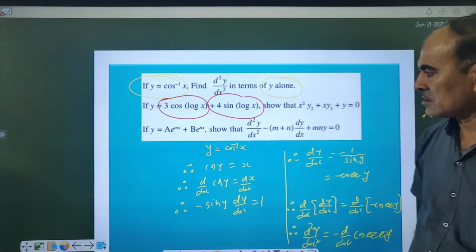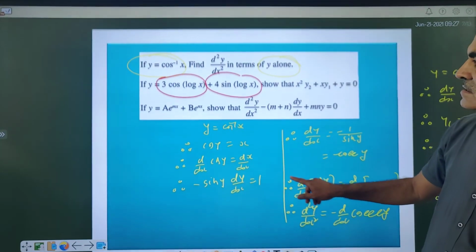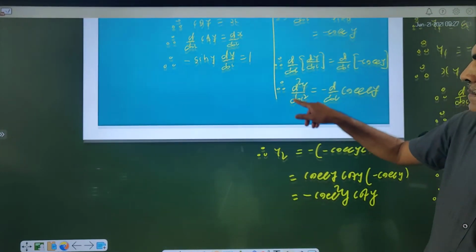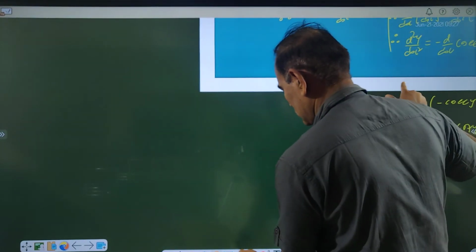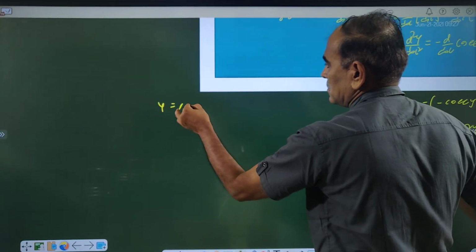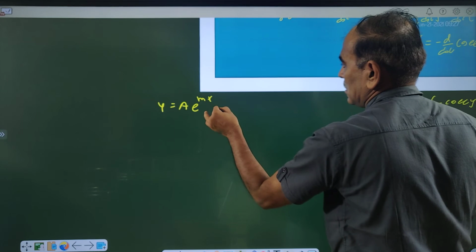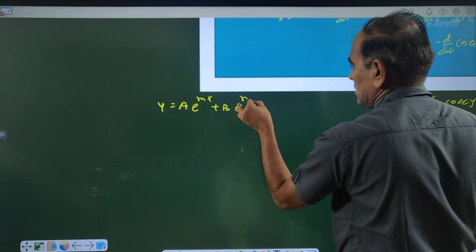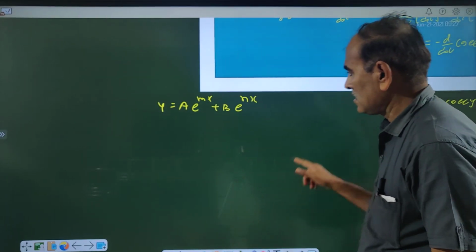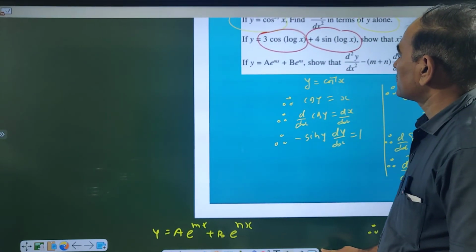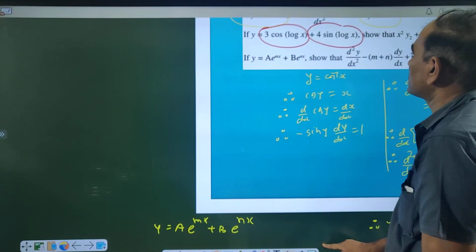Now let us see this one. In general, the question is given: y is equal to a e raised to mx plus b e raised to nx. This is given.